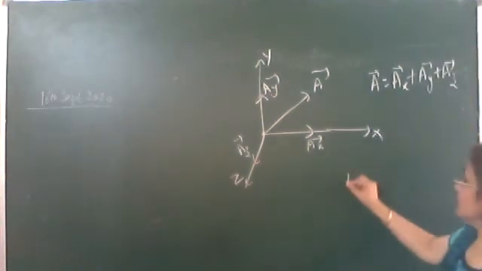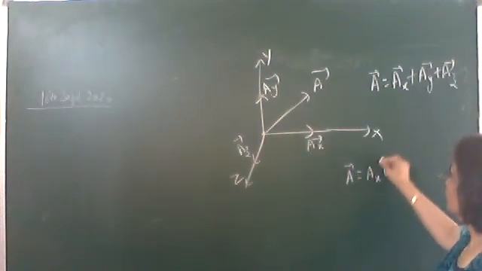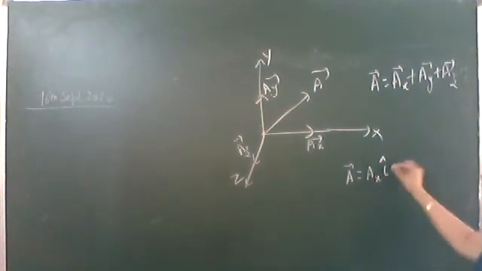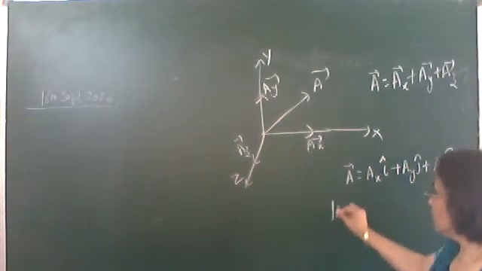Okay, if the magnitude of ax is ax, then it is magnitude into the direction i cap, ay into j cap, az into k cap. So it can also be written like this. And what will be the magnitude of A vector?